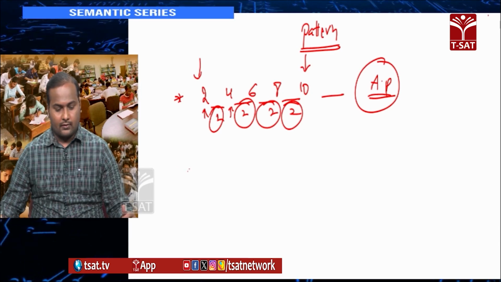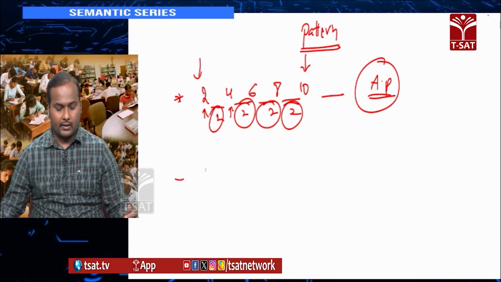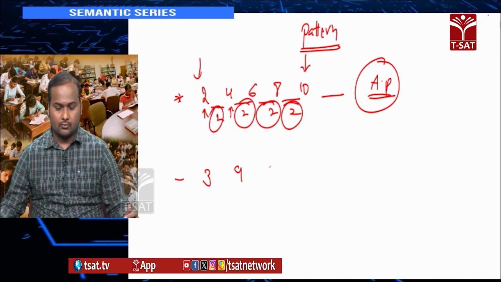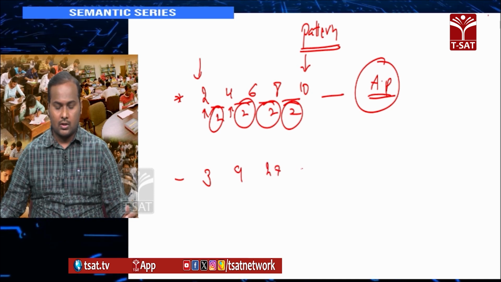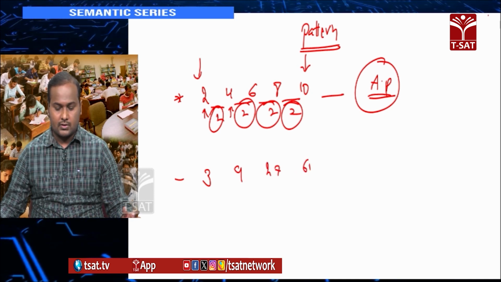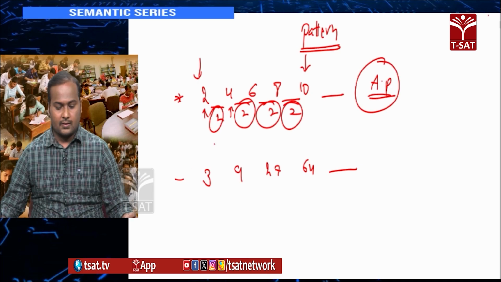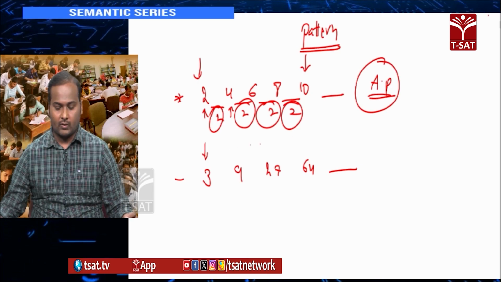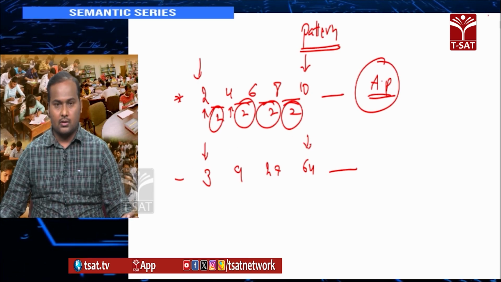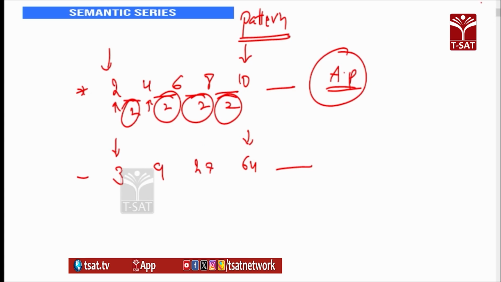For example, if some other series is like 3, 9, 27, and 64, and the next one. See, the first number is 3 and the last number is 64. There is a huge increase from 3 to 64. So whenever we are getting this big increase, obviously it is in multiplication.